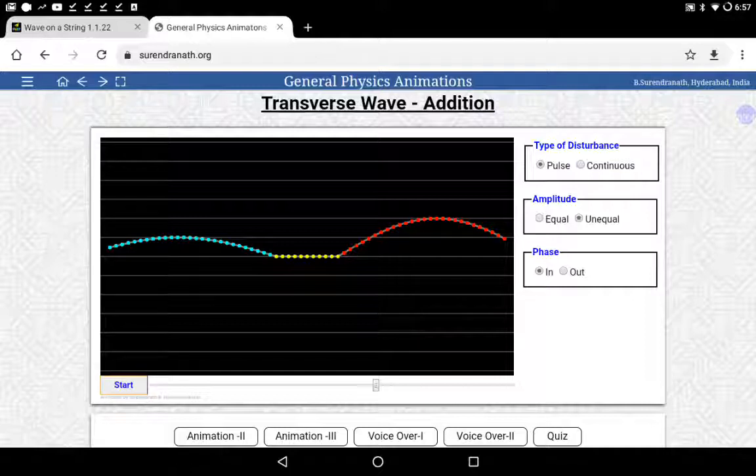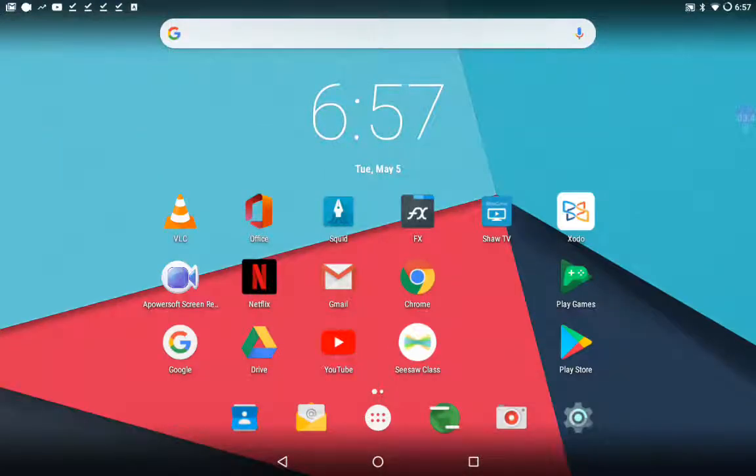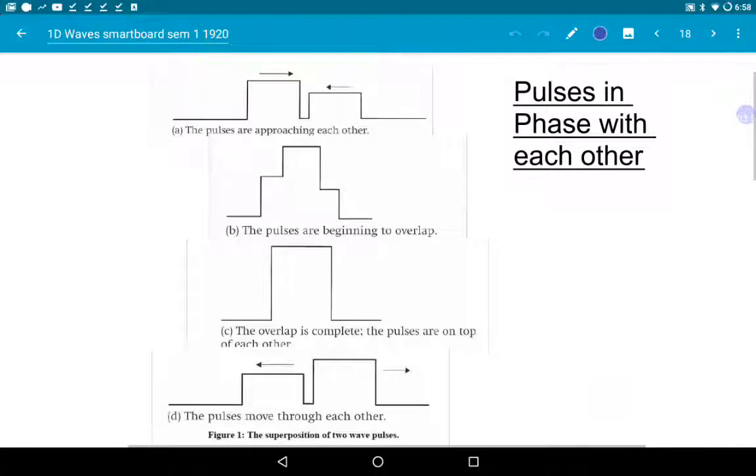Okay, so let's go back and look at a few more things in the notes. Now, here's a simplified version of those waves. We're using rectangles to show the constructive interference and the adding up, because it's easy to add up the rectangular shaped pulses. It's easy to graphically show and add them up.